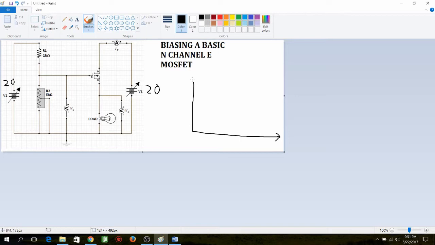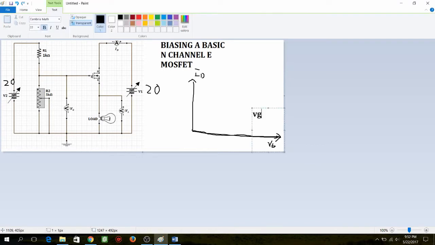So this is your ID, and this is your gate voltage. So here at 0 you have 0 current, so this is at VG equal to 0.